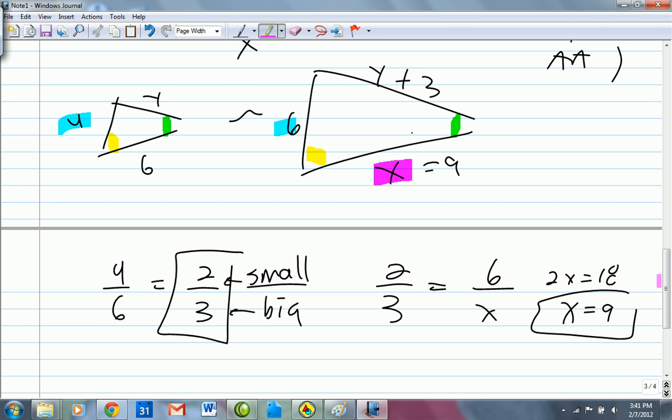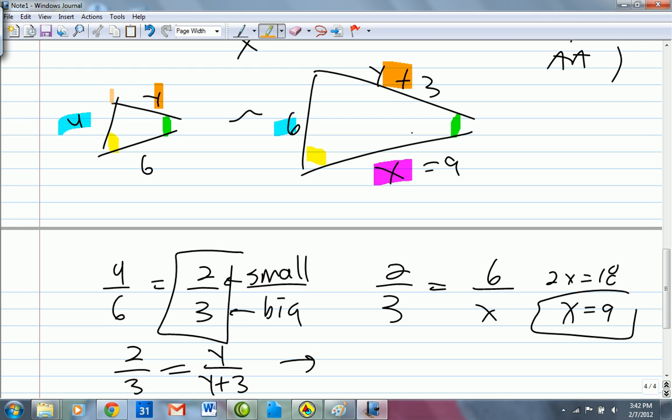Now I'm going to try to solve for y, and that's a little tricky here. There's y, and here's y plus 3. One way I can solve for y is by using the same scale factor. So 2 to 3 equals small to big, y over y plus 3.